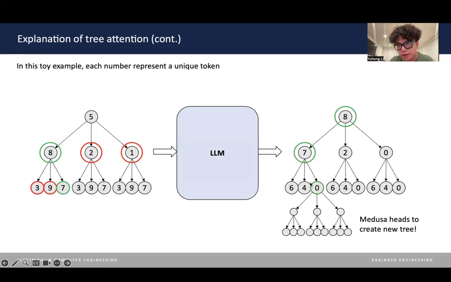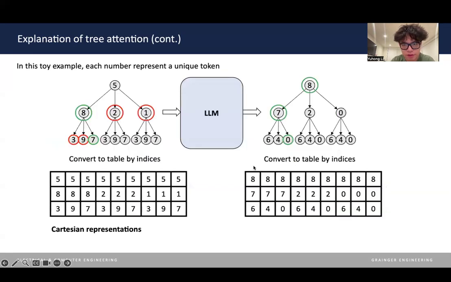And then we can create a new tree from 0, because for each LM output, there are always Medusa heads, so we create a new tree. So can we parallelize this one? Okay.